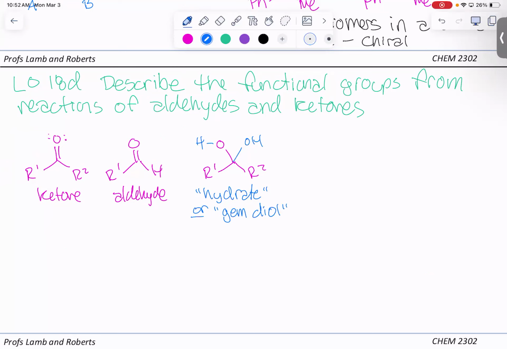So I will refer to this either as a hydrate or a gem diol. All right, this is what happens when we add water, right? That's why we call it a hydrate. We've hydrated this, we've added water to it. So when you're thinking about staying hydrated by drinking water, it's derived from chemistry terms. Okay, so if we add cyanide instead to a ketone, we're going to get out a cyanohydrin.